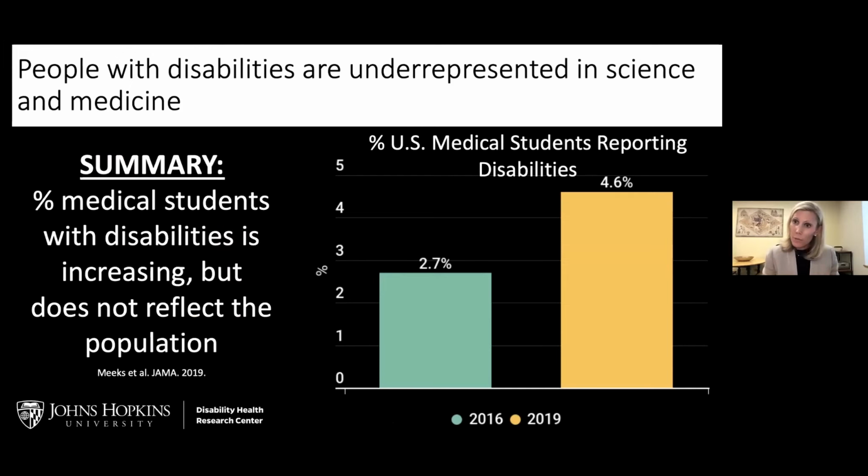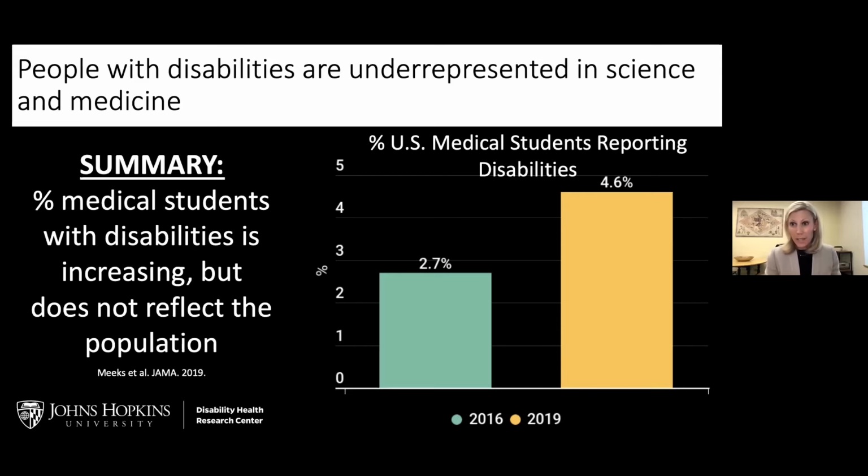On this slide, I'm showing a bar graph of data that's part of a prevalence study that I collaborated on with Dr. Lisa Meeks, who really is a leader in disability inclusion in the medical setting. It's showing the percentage of medical students who reported disabilities, an increase from 2.7% in 2016 to 4.6% in 2019, almost a doubling.